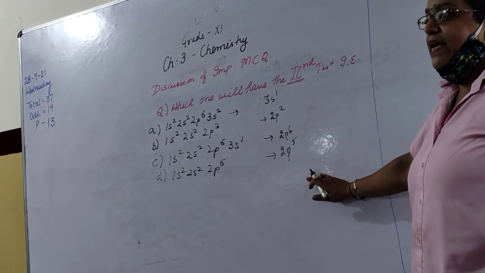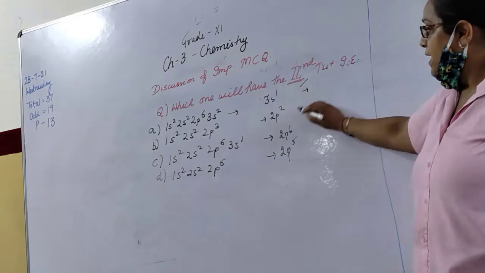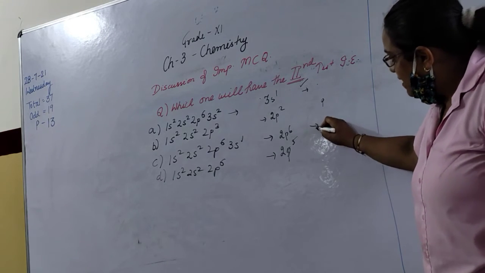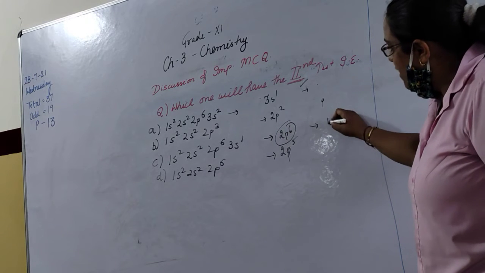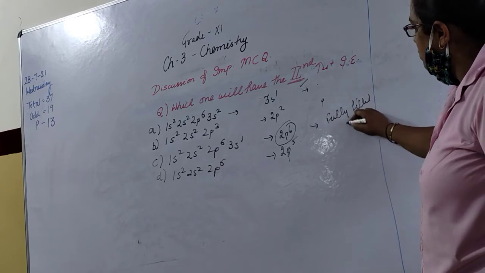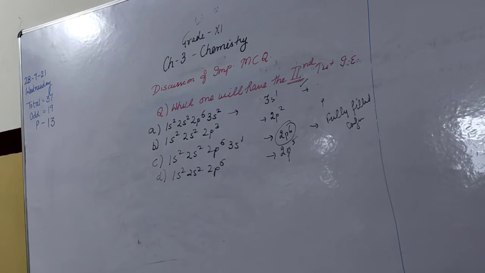Now for the second IE, in this case the electron will be removed from S, in this case from B. But this case is the fully filled configuration. And a fully filled or half filled configuration has greater ionization energy.